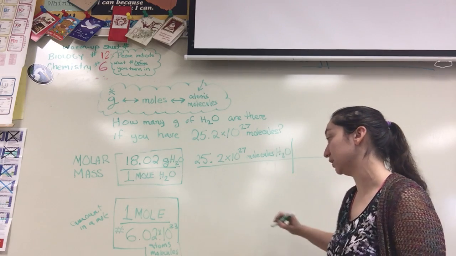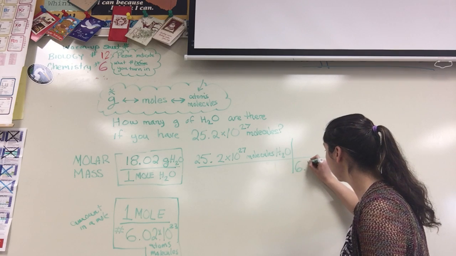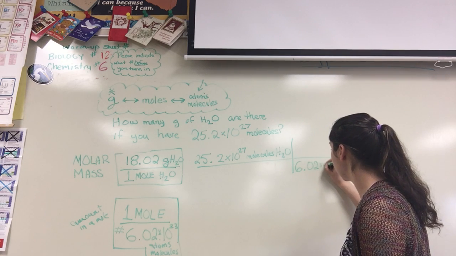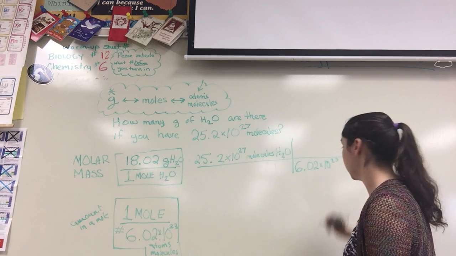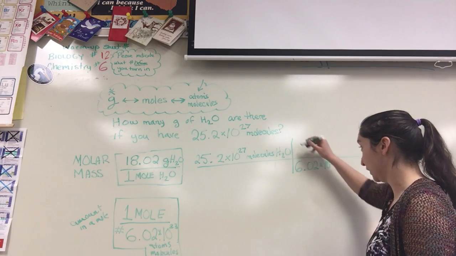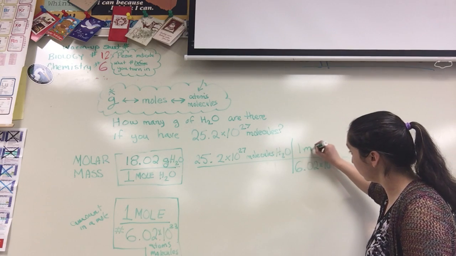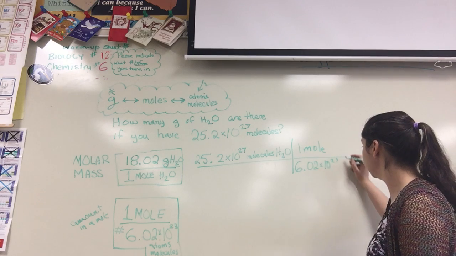So I get rid of molecules. I'm going to pop it right in here: 6.02 times 10 to the 23rd. And of course, the mole is still a part of this: 1 mole.